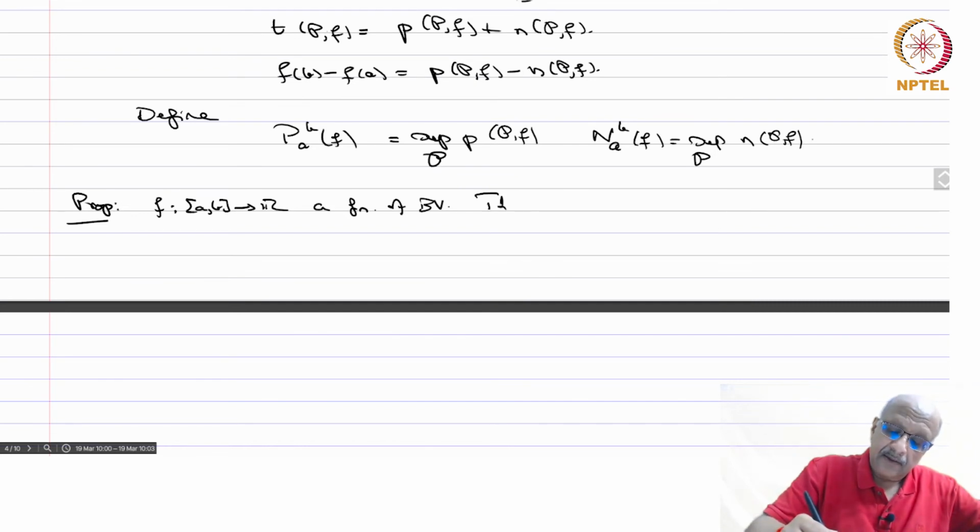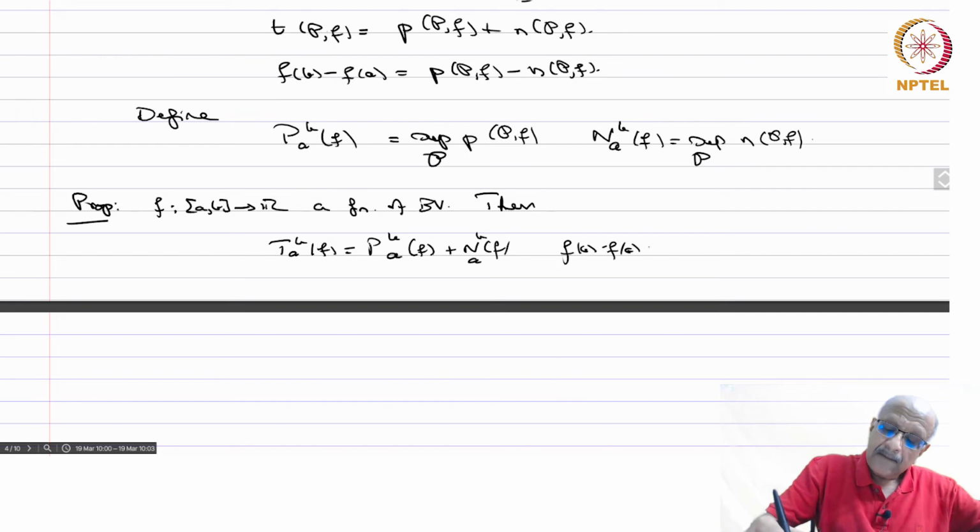Then T_a^b(f) is nothing but P_a^b(f) plus N_a^b(f), and f(b) - f(a) equals P_a^b(f) minus N_a^b(f).